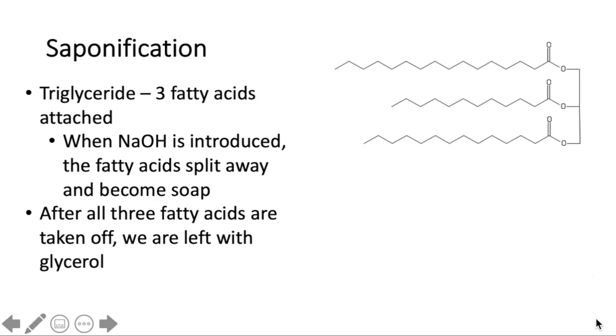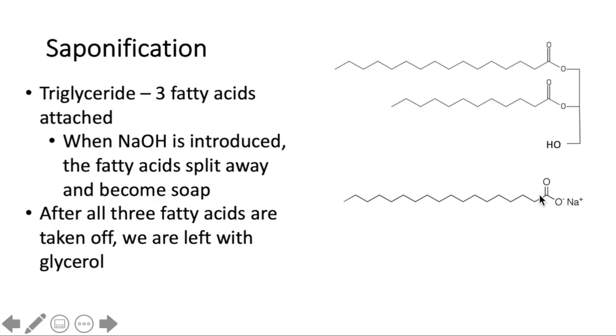So as the reaction happens, the sodium hydroxide is introduced. It essentially breaks this bond to the glycerol, replaces that with a hydroxide group, and then we're left with this long chain fatty acid, but it's in the carboxylate form.